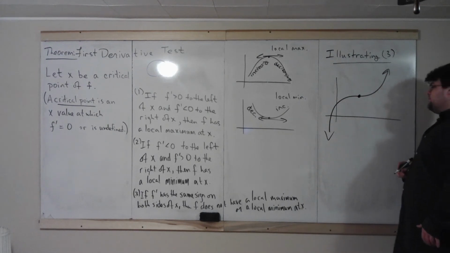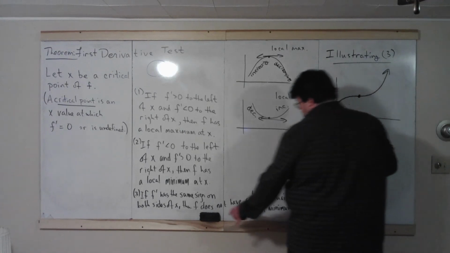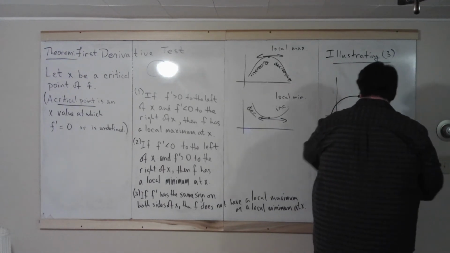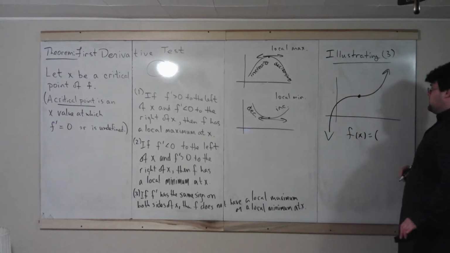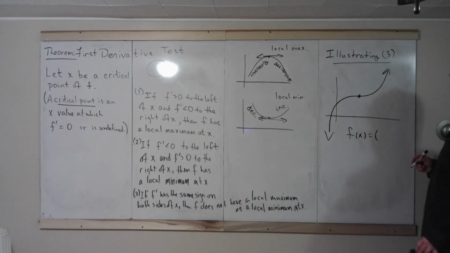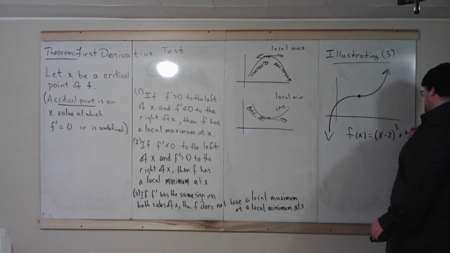If you want an actual function, you can make this, I guess we're using functions, maybe I should call it a function. f of x equals the x cubed function moved around a little, so x minus 2 cubed plus 5, I guess.